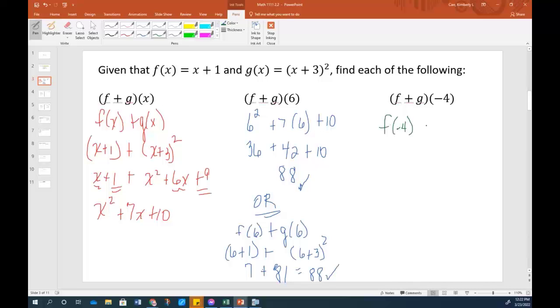So here, f of -4 plus g of -4. It's an option. You can do them separately like I did, or you can do it in your found function. So f of -4, I take -4 and I plug it into this f function, so I have -4 plus 1.